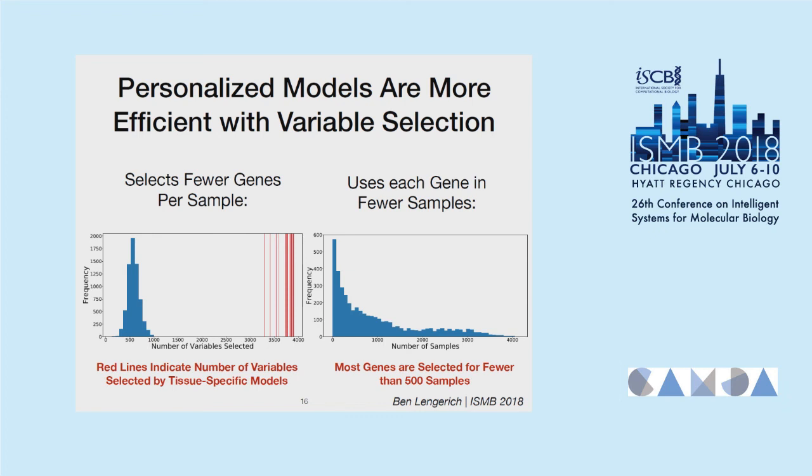And we see that the tissue-specific models select almost all of the RNA-seq features, but the sample-specific models get away with only selecting about 500. And in addition, these genes are selected for the most part in fewer than 500 samples. So this supports our hypothesis that the reasons for cancer may be relatively simple, but they are extremely personalized. So building one single model for the entire population is going to be difficult, if not impossible, but building maybe sample-specific models is possible.